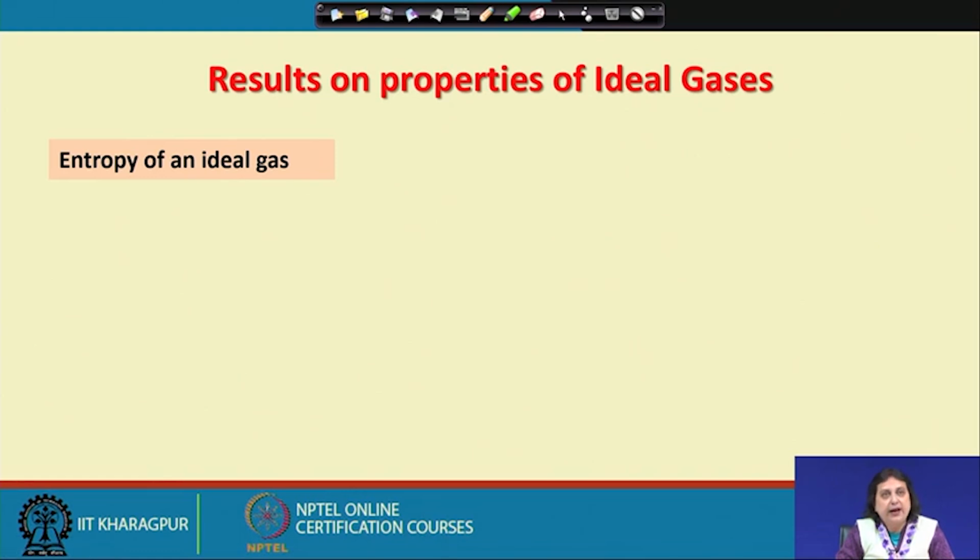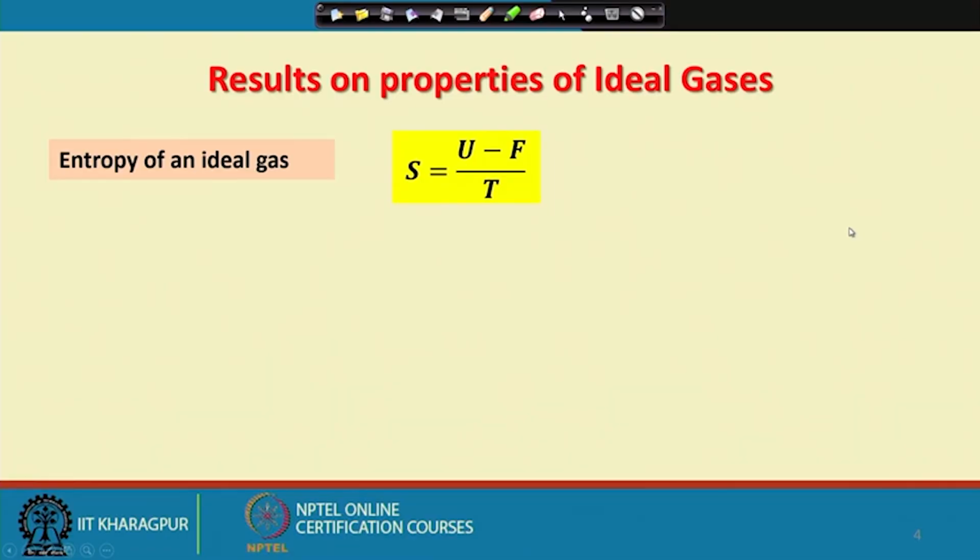Now, the entropy of an ideal gas can be determined very easily by knowing the fact that I know U in terms of ln Q, and from ln Q, I know F. So, if I take the difference and divide it by T, I should be getting the entropy S by definition.